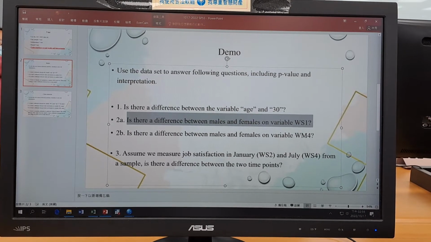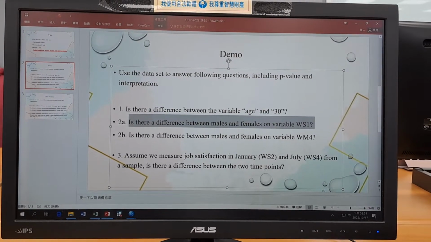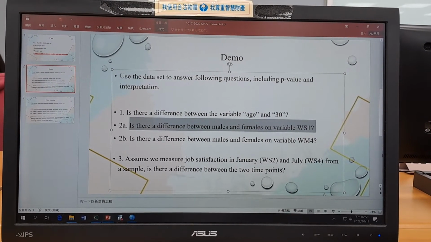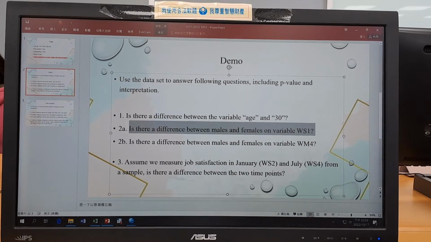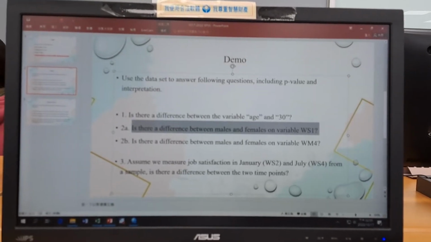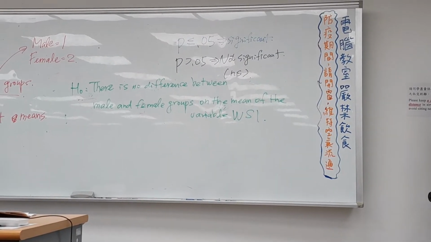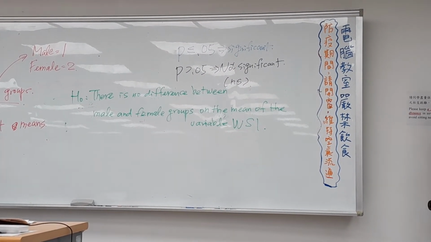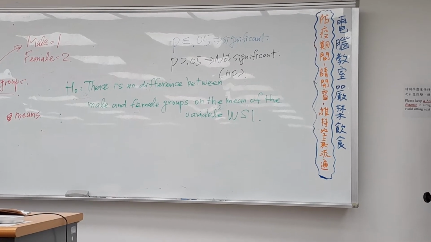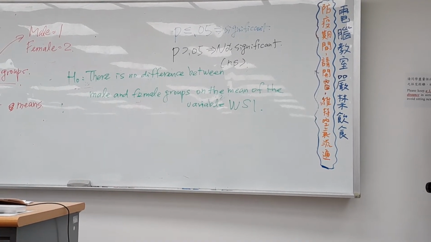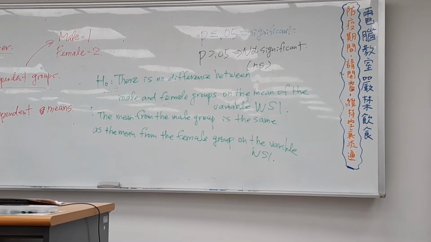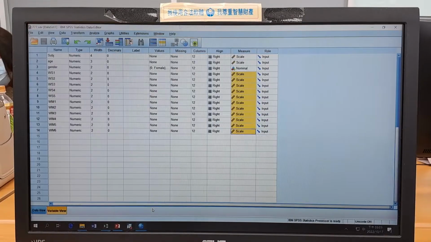Could you speak louder? I cannot hear you, sorry. Male what? Between what? Between male and female groups. On what? On the means. On the mean of the variable. Say the sentences clearly.